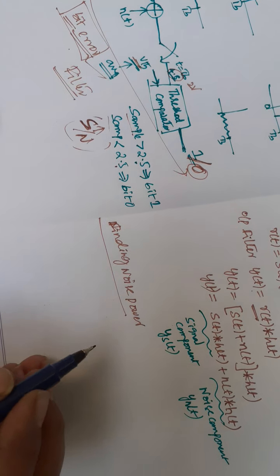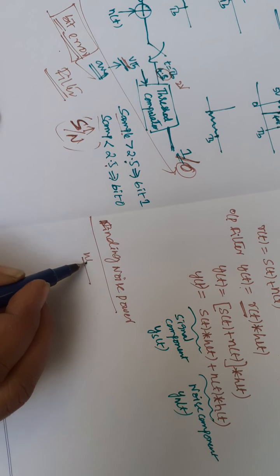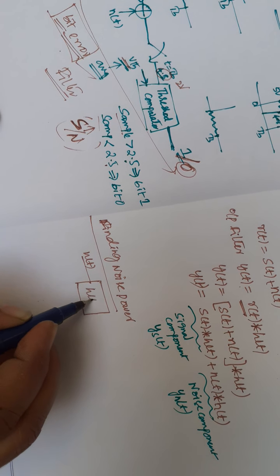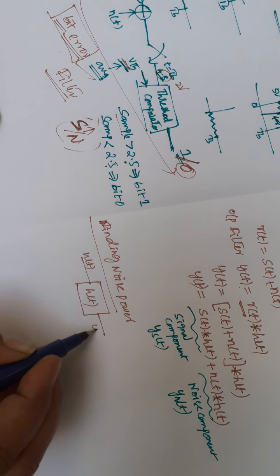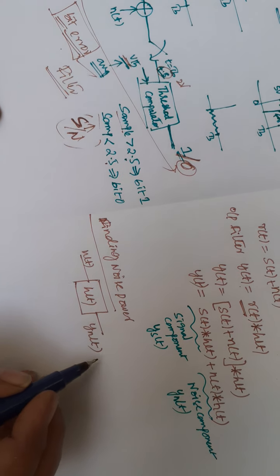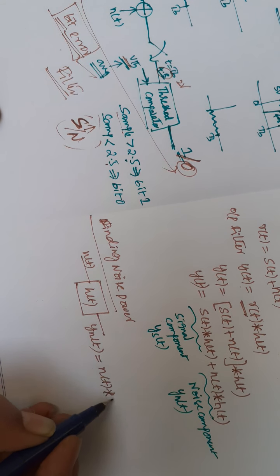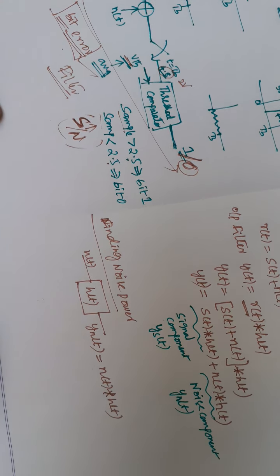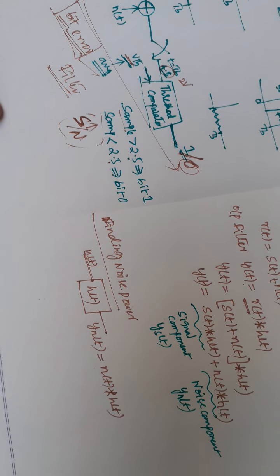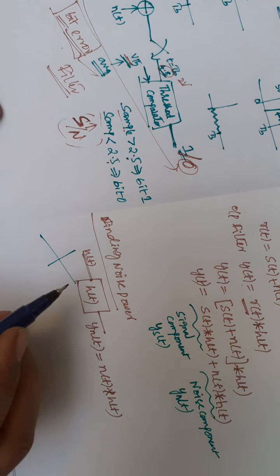So in finding noise power we know that the input signal is a noisy signal that is passing through the filter h of t. I am getting here the noise component Y_N of t, right. So this Y_N of t is N of t convolved with h of t. This is the noise component. Now whenever we are representing noise, that should be Gaussian noise, white Gaussian noise.